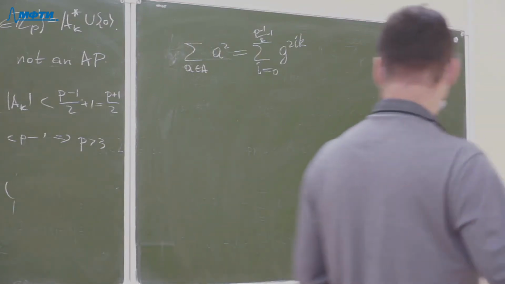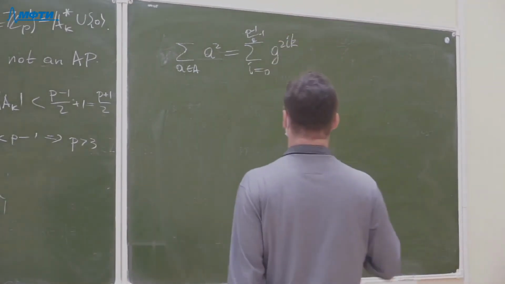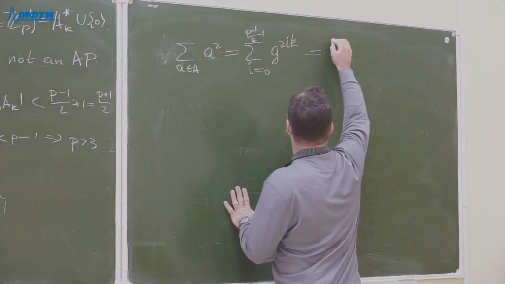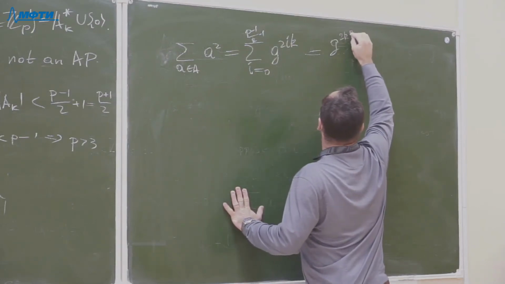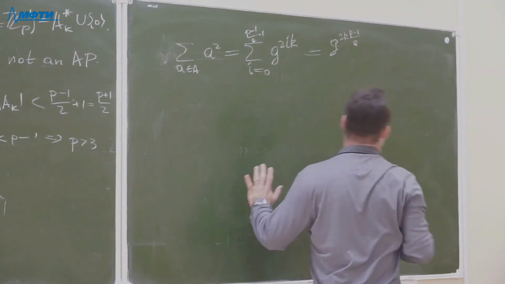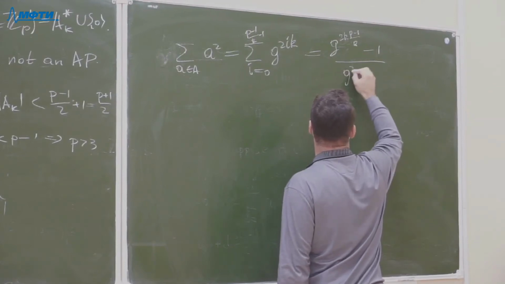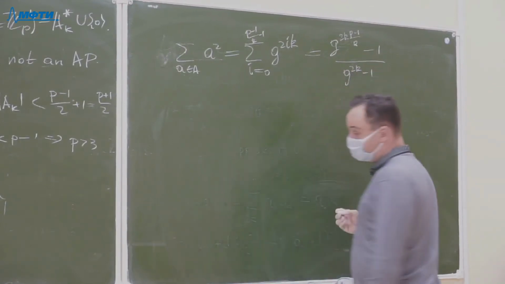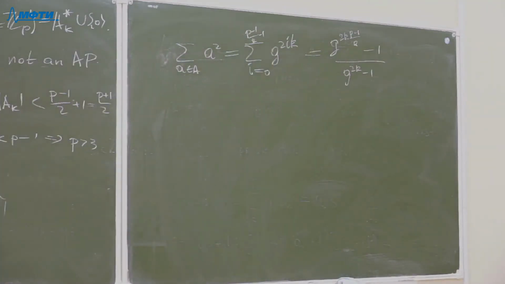It's also a sum of a geometric progression, so it's (g^(2K((P-1)/K)) - 1) divided by (g^(2K) - 1).